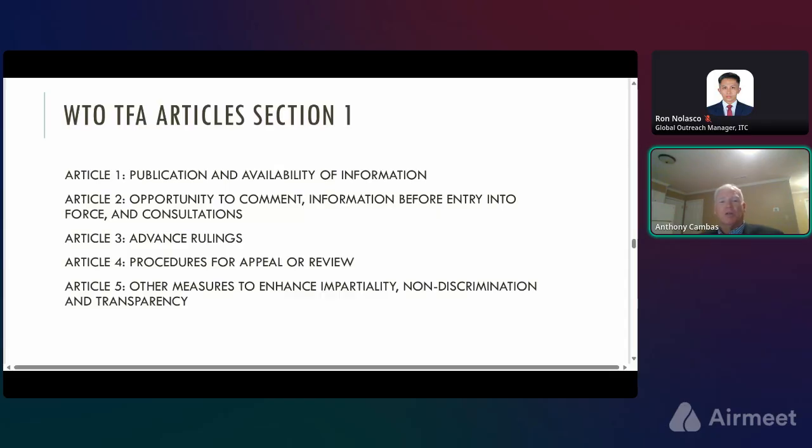So when we say publication availability of information, we're not saying just through the internet. Whatever means of publication and availability, whatever means those are today and what they could be in the future. Also give companies the opportunity to comment on potential changes.